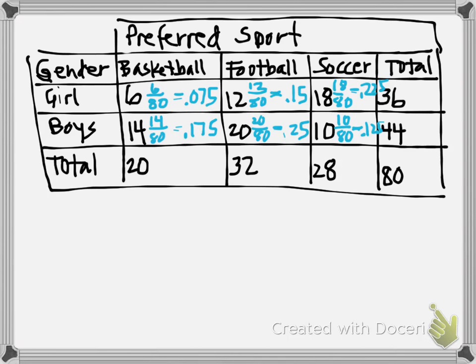So what am I coloring blue? These are called joint relative frequency.